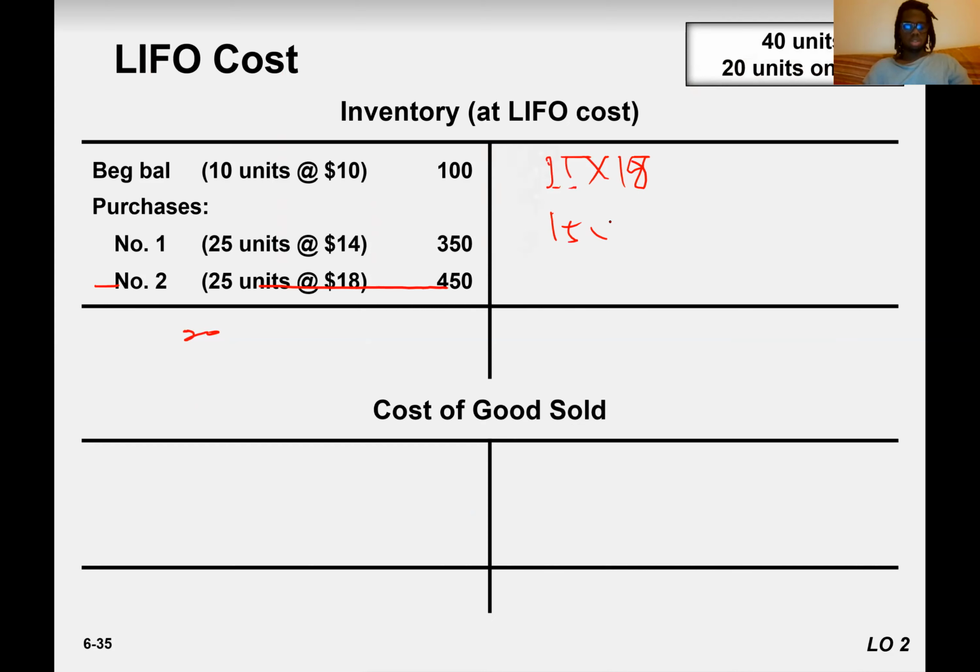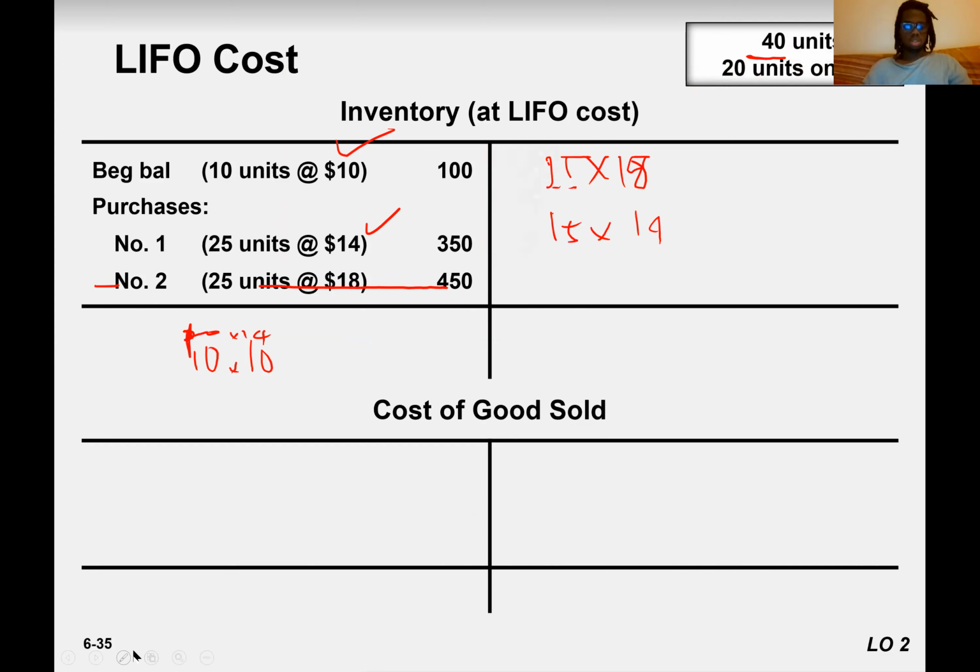So 15 multiplied by 14. This is how our 40 total sold units are done, and 20 units are left. It means 10 is coming from this order 14, and 10 is coming from this order 10.